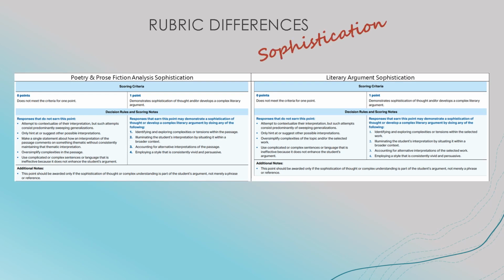Finally, we review reporting category row C, sophistication. The only difference between the 3 rubrics of poetry, prose, and literary argument is the highlighted item. Before I clarify the meaning of each bulleted item, you must know that sophistication requires writing the way you think, not the way another person thinks.